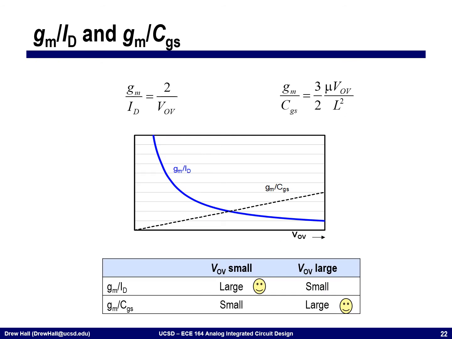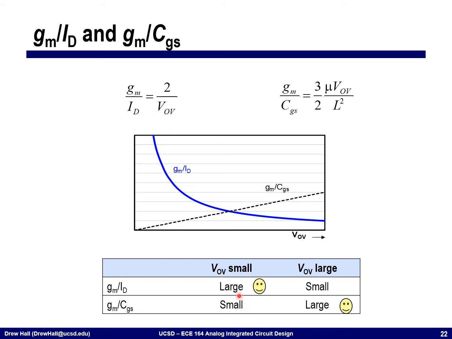So to quickly look back at GM over ID and GM over CGS, we see an interesting relationship. GM over ID is equal to 2 divided by VOV, and GM divided by CGS, or FT, is equal to 3/2 mu VOV divided by L squared. The interesting thing is that the FT improves as we increase VOV, and the transconductor efficiency decreases as we increase VOV.